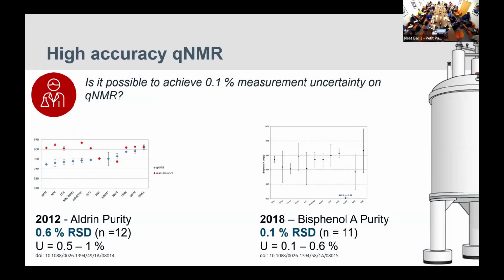Well, we've been very successful with that. That's not the intention of this talk, but just to remind you that if we look at the K55 Aldrin purity study, we have a 0.6% relative standard deviation between 12 participants. And by 2018, with the bisphenol A purity, we have a 0.1% relative standard deviation between participants.